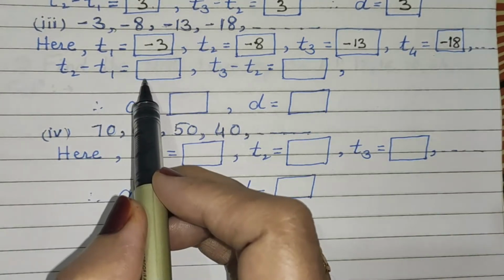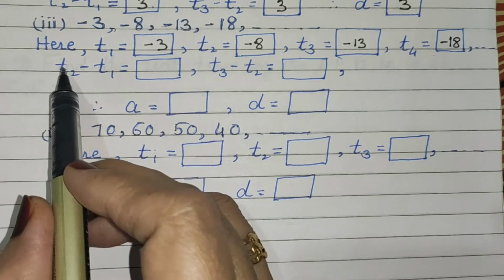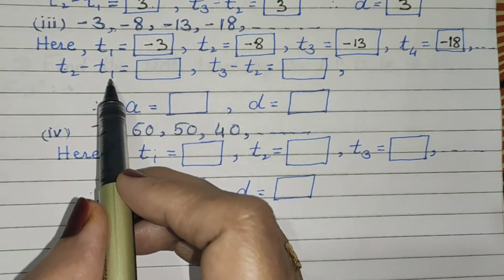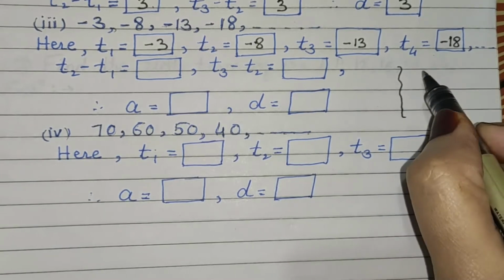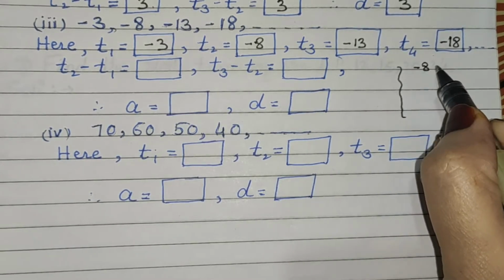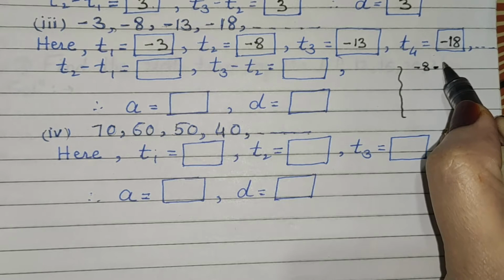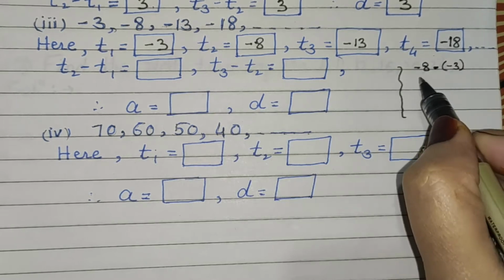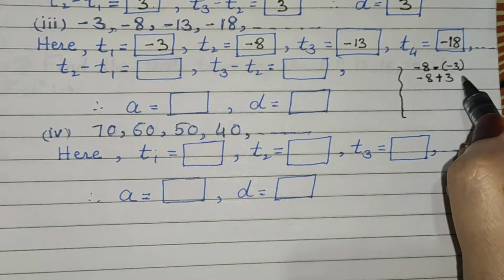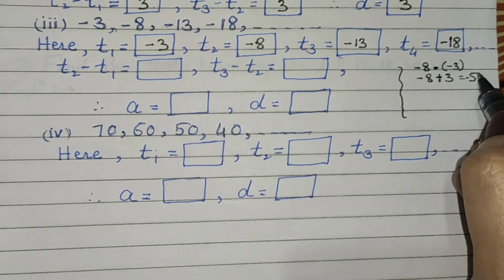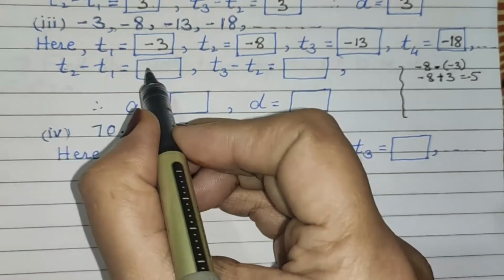Now fill the box here. T2 minus T1. The value of T2 is minus 8. Let us do rough work. Minus 8 minus T1, T1 is minus 3. Solving, minus 8 minus into minus plus 3, we get here minus 5. Take the sign of the greater number.